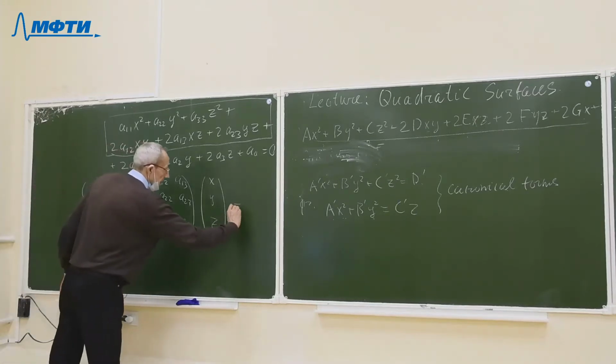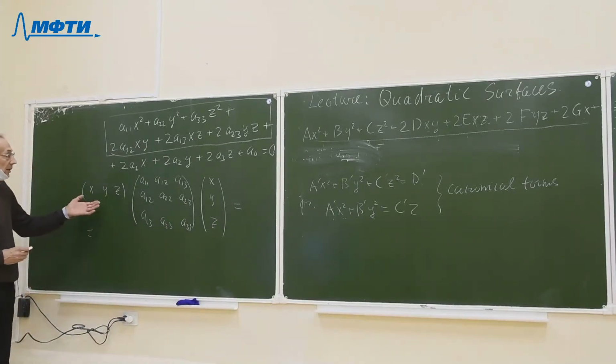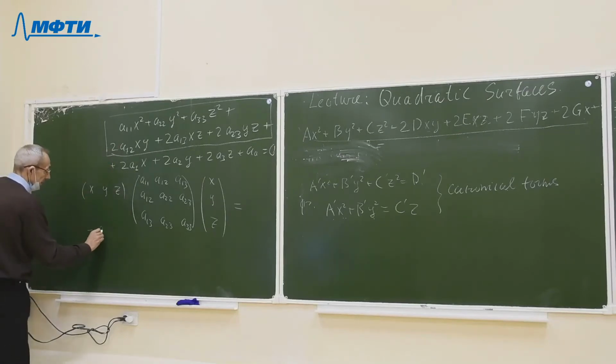After multiplication of these three matrices, we obtain the quadratic form of our quadratic surface.